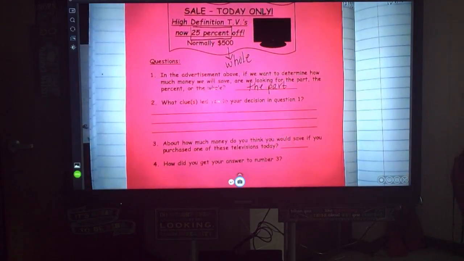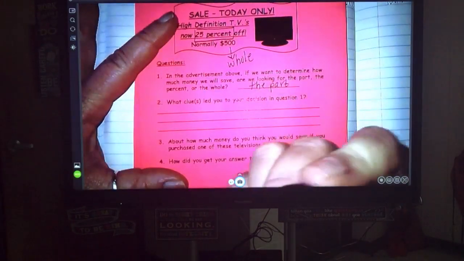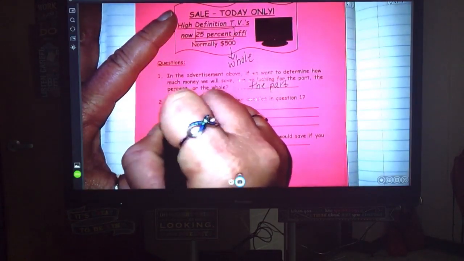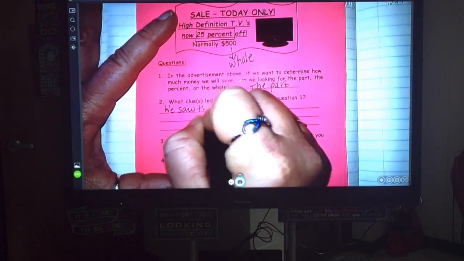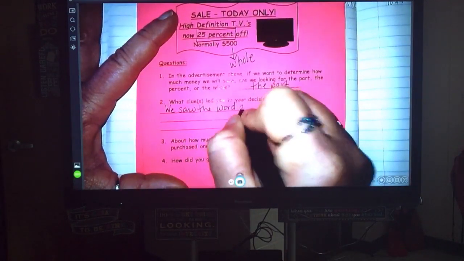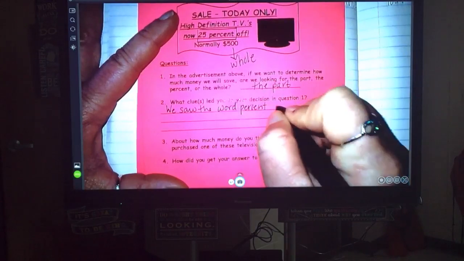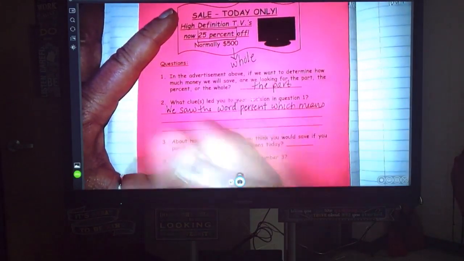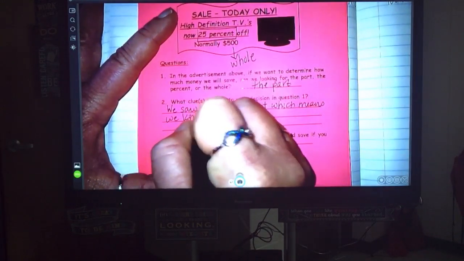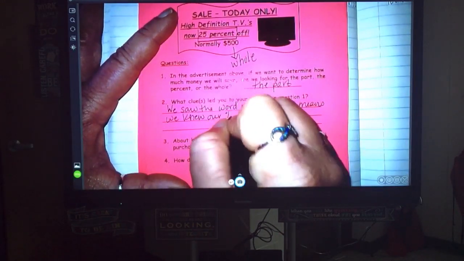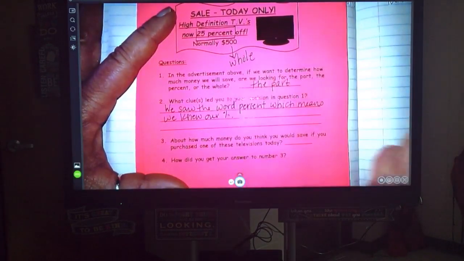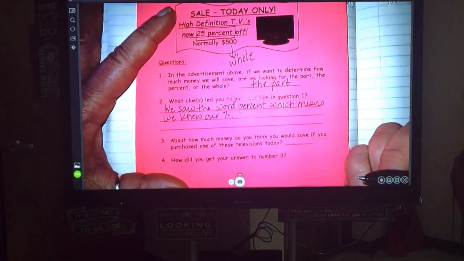So what clues led you to your decision in question number one? Jack? I saw the 25%, I saw percent, so I crossed that off, and I saw the $500, so I knew that that was the whole, so there was only one left.